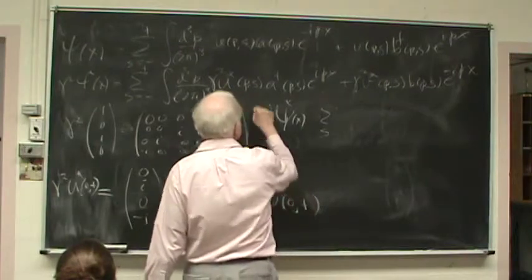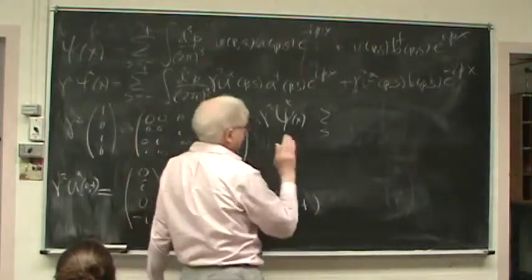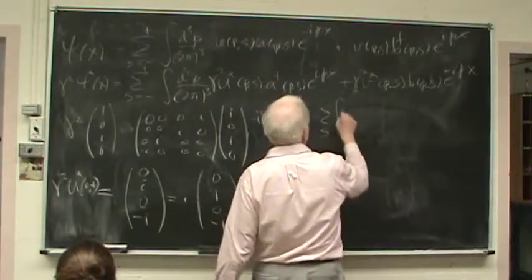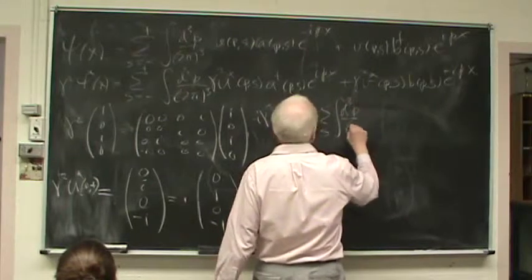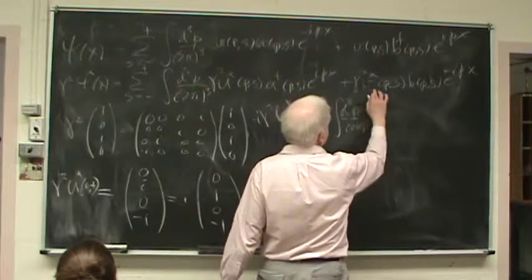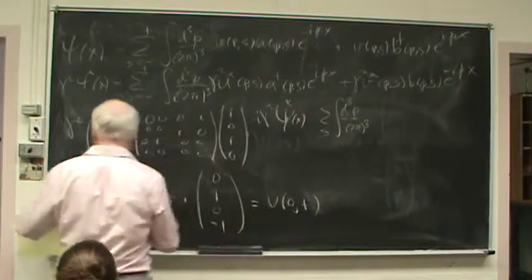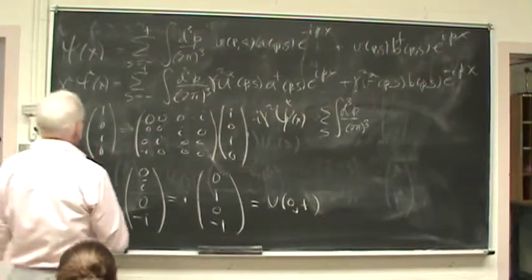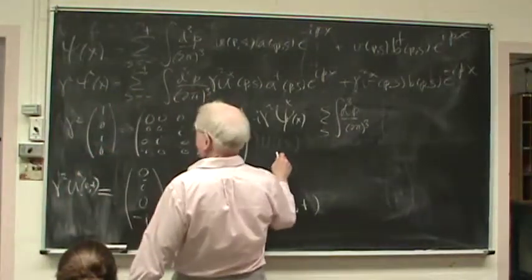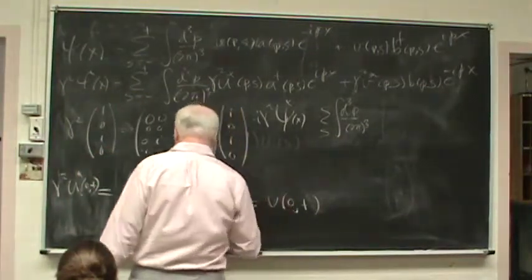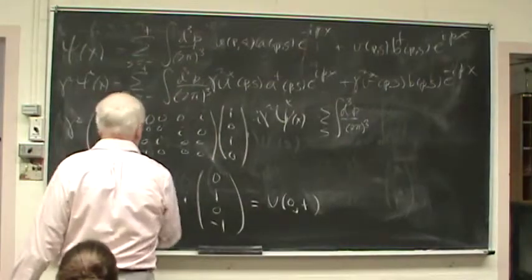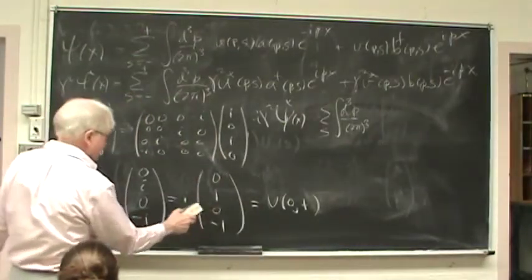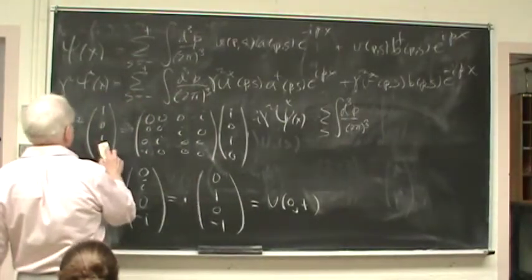All right, so minus i, if I multiply by minus i, the i goes away. What we have is integral d^3p over (2 pi)^3, and now we see, well, that was for plus. What about minus? So we've seen that it works for plus. Let's do it for minus.